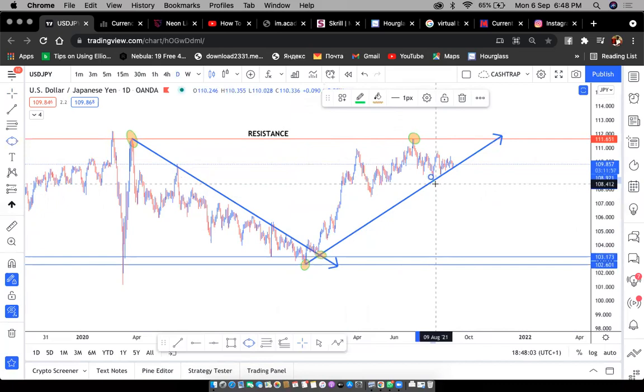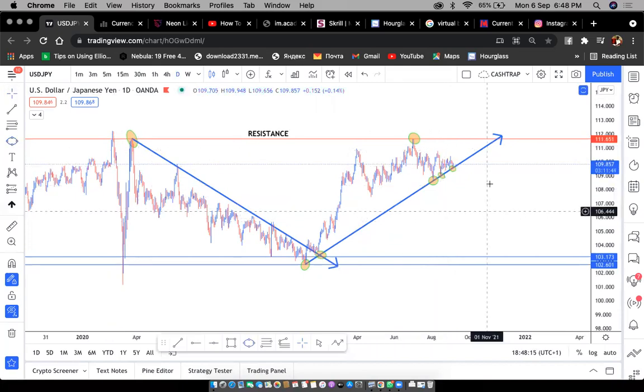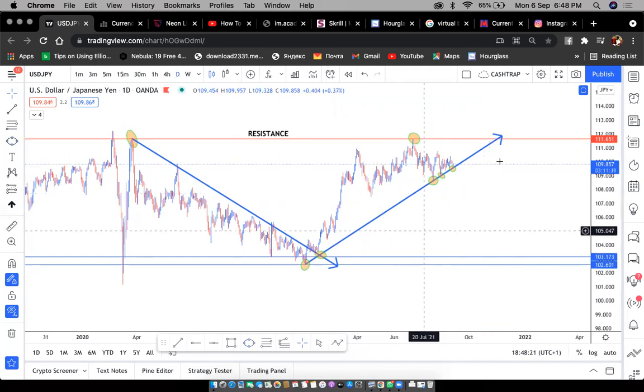We expected it here. We expected it here. It's still respecting it here. So you guys can see there are more touches on the line. So this is valid, that is a trend up.